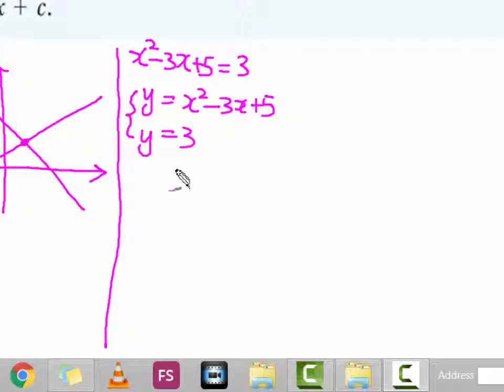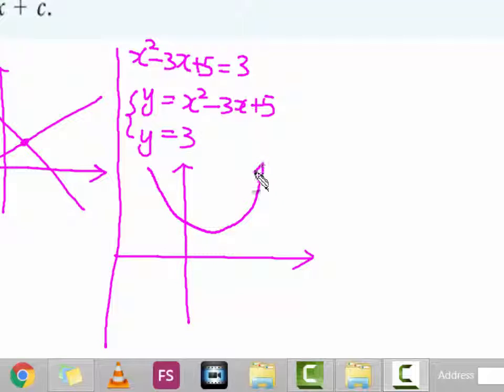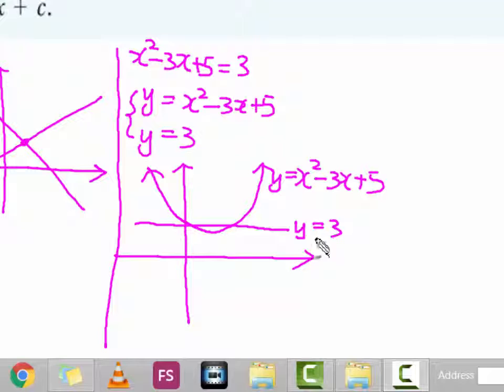Graphically, we can graph the quadratic function like this, and then we draw the line y equal to 3.